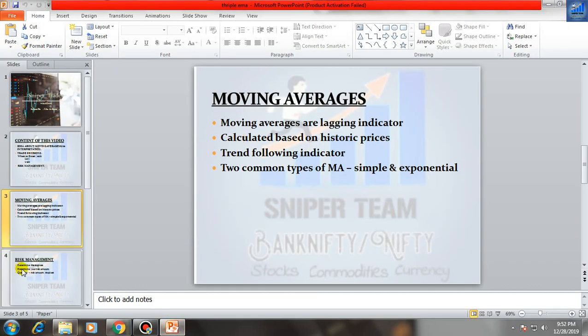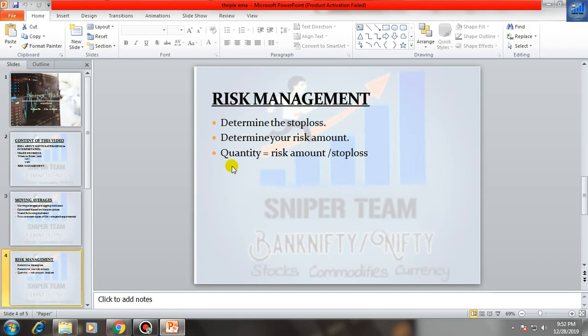For the risk management part, if you are trading in the cash segment, we can always determine the quantity we are using to trade. First we have to determine the risk amount, how much we can risk per trade. If I am willing to risk around 1000 rupees per trade, I must determine the stop loss.